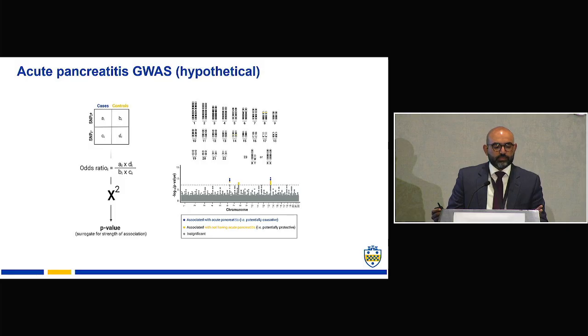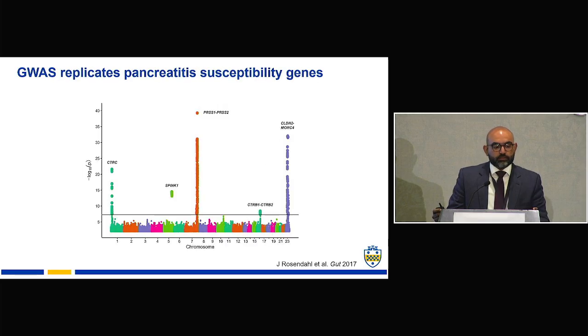The y-axis is the negative log of the p-value, so higher values represent more statistically significant results, and the dashed horizontal line represents the adjustment for multiple hypothesis testing. The dots above the horizontal line indicate SNPs that are potentially associated with acute pancreatitis. And indeed, this type of study has been used to replicate pancreatitis susceptibility genes such as CTRC, SPINK1, and PRSS.